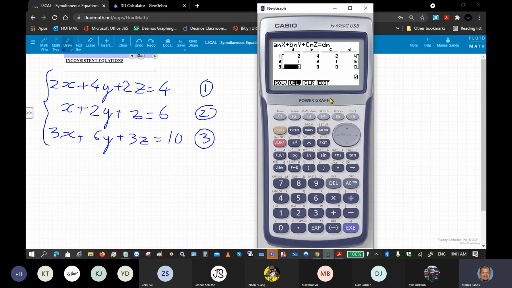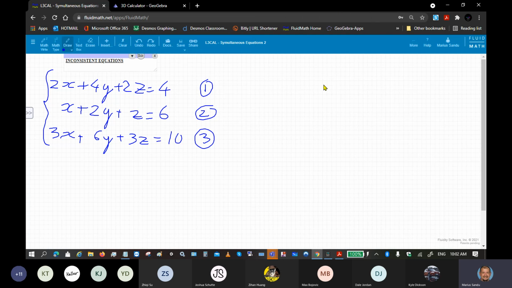Third equation, I've got 3 for x, 6 for y, 3 for z, and 10. And now I press solve, mathematical error, press exit. All right, so at this point, my calculator becomes redundant.